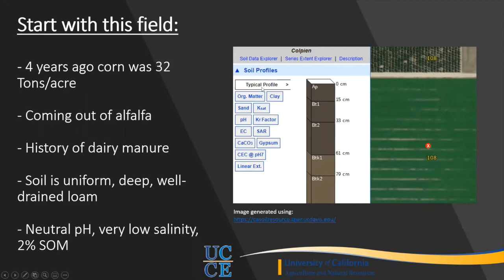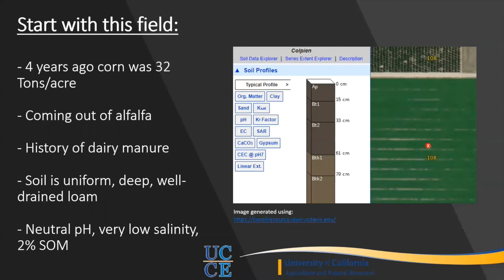So I'm going to go ahead and say on this field that, with all of that information, a yield expectation of 32 tons per acre is a reasonable goal to set. I don't think we need to augment our yield goal with all of this information. There's not expected to be any problems with drainage or waterlogging that might tie up nutrients.